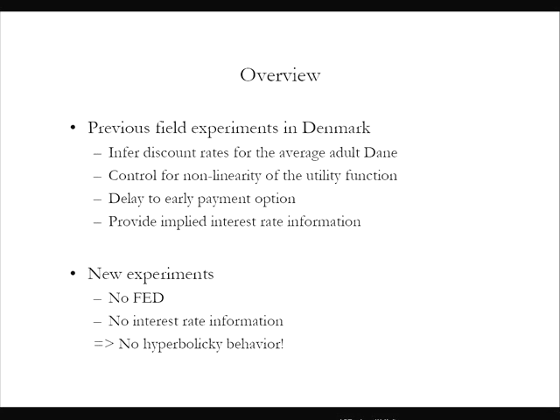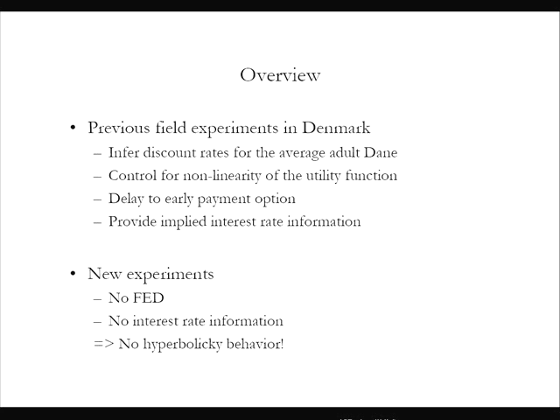Then the next set of experiments was 6 years after, in 2003, and there we controlled for the nonlinearity of the utility function. So we move away from this assumption of risk neutrality, and then we take the curvature of the utility function into account when we estimate the discount rates. And that can have a dramatic effect on the level of estimated discount rates.